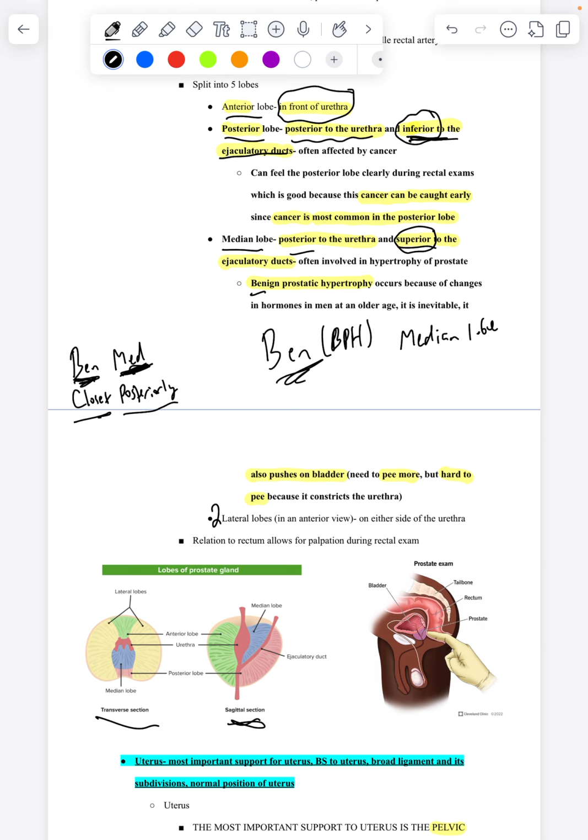So BPH is in the median lobe. Cancer, or the closet he's going to, is the back closet or the posterior closet in the store. So posterior is where cancer usually goes, and BPH is usually in the median lobe.